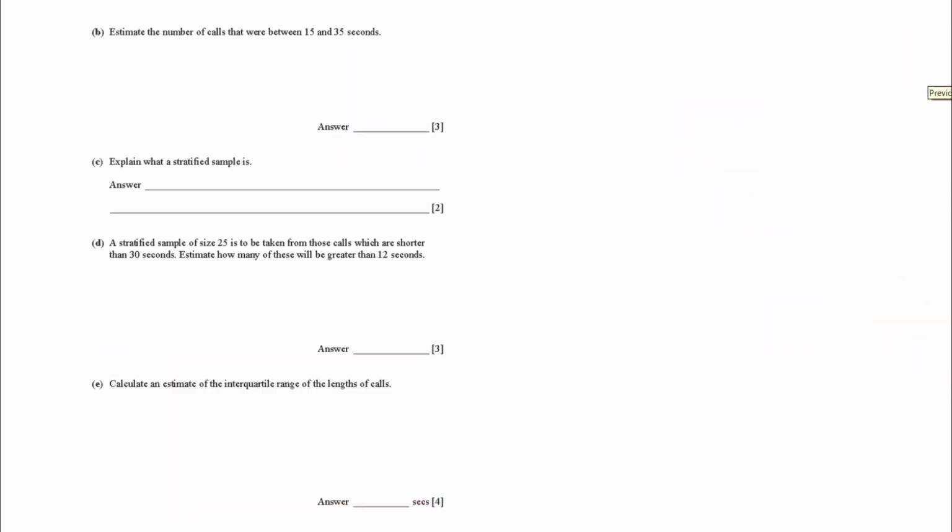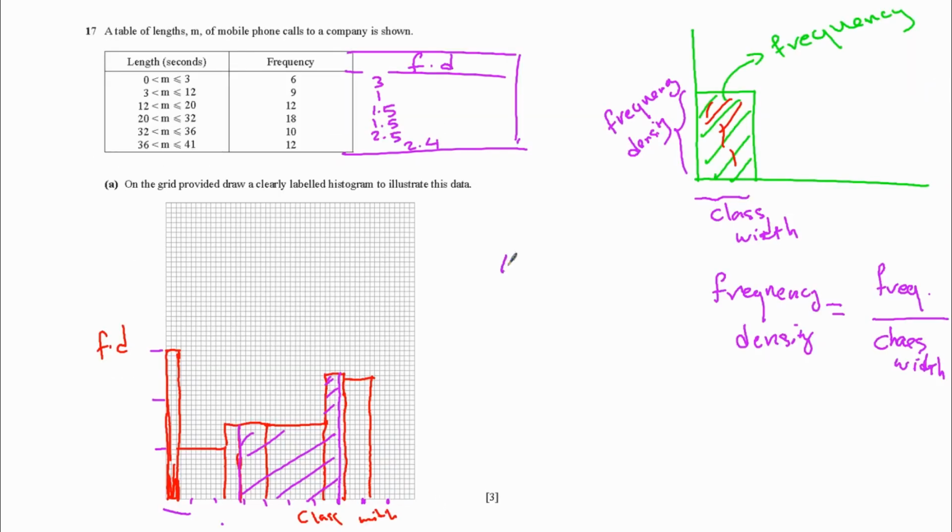So 15 is somewhere around here, and that has a height of 12. From 15 until the point of 32, the height is 1.5. So 15 to 32 is 17, and that is 17 times 1.5.